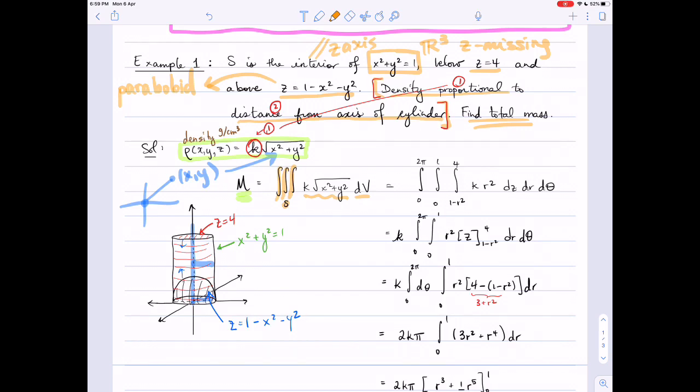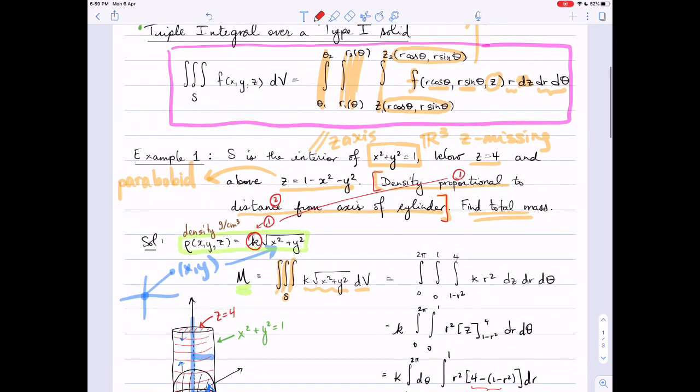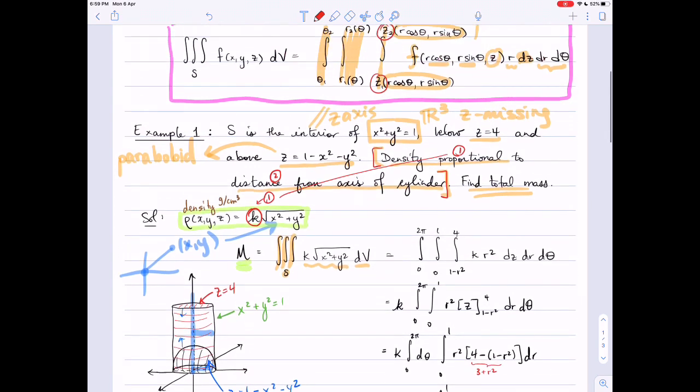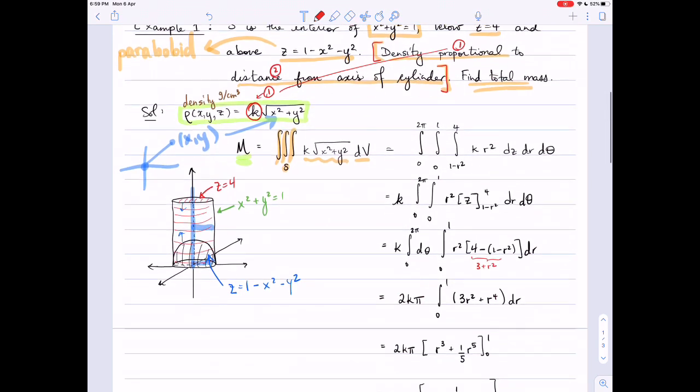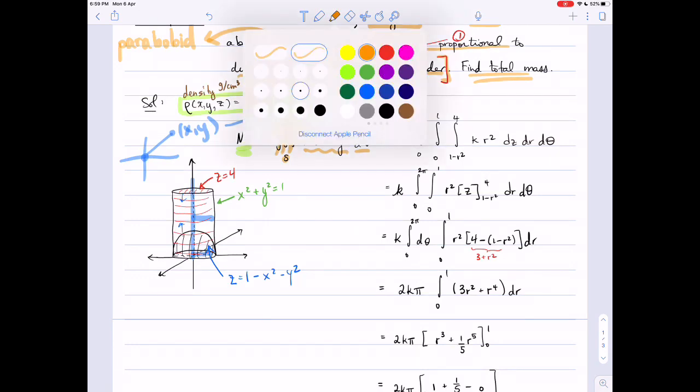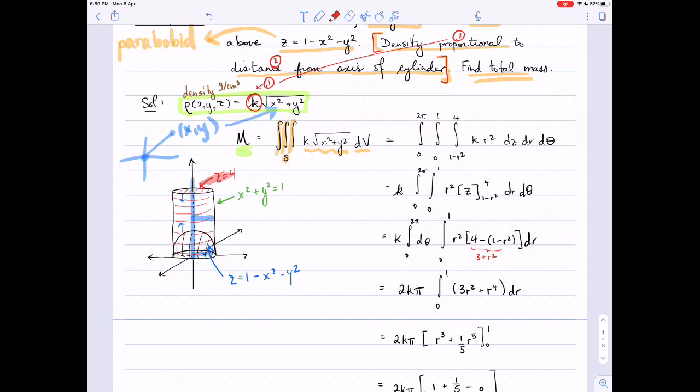As we have up here, the inner integral goes from z1 to z2. The top z is sitting right here, z equals 4. That's fine. That doesn't change. We don't have to convert that.